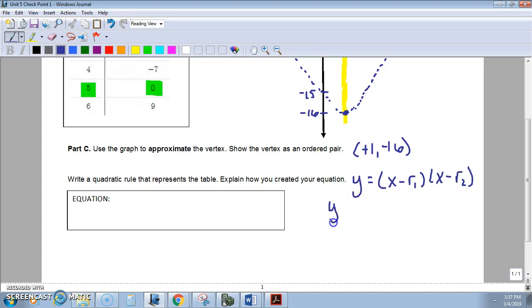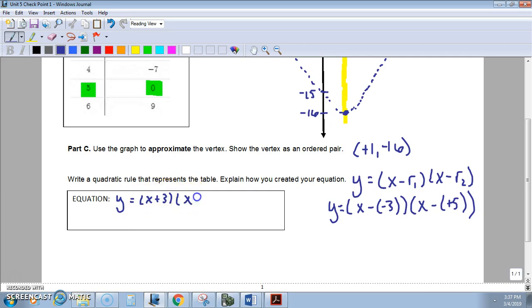So what we know is we have x minus, our first root was -3, okay, and then our second root, we have x minus +5. Okay, well what that simplifies down to is y equals, I'll put this over in the equation, y equals, minus a negative ends up being x plus 3.